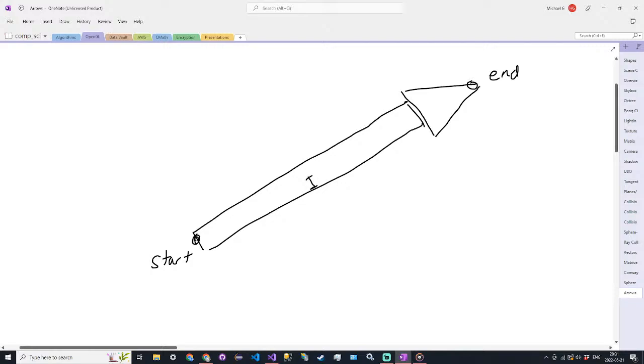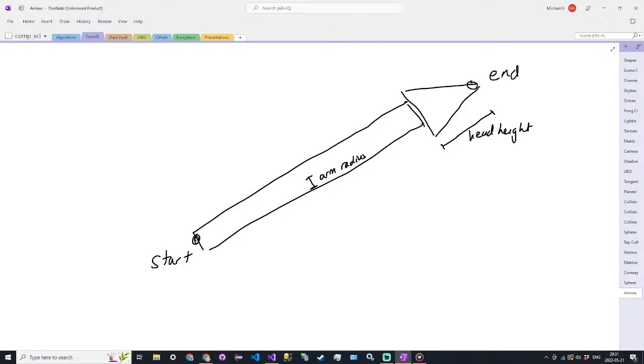The first one is going to be the arm radius, which is just the radius of the arm body. And then we're also going to have the head height. We're going to want to specify the head height independently of how long the actual arrow is.